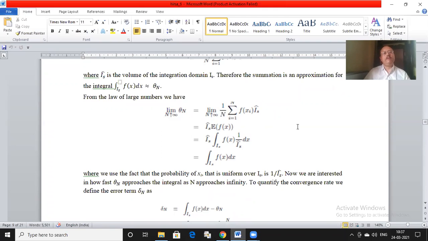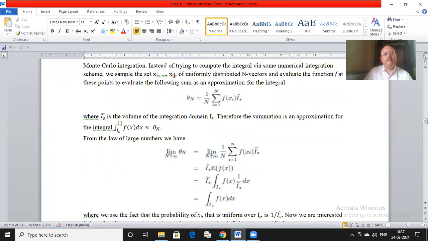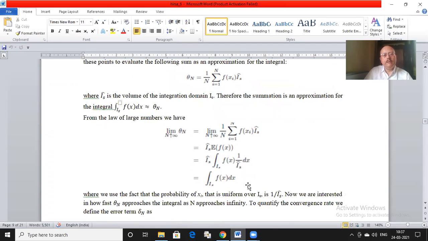We are banking on the fact that when capital N, the number of sample points, approaches infinity, the limit of theta N, which is this simple average, will converge to the correct integral. Why? Because if I sum over this f(xi), I will be getting a good approximation of the expectation as N goes to infinity. That's the simple logic of this approach.